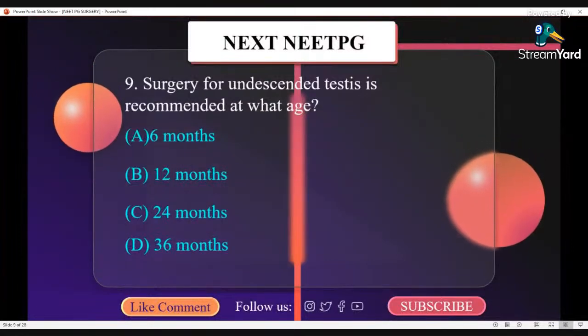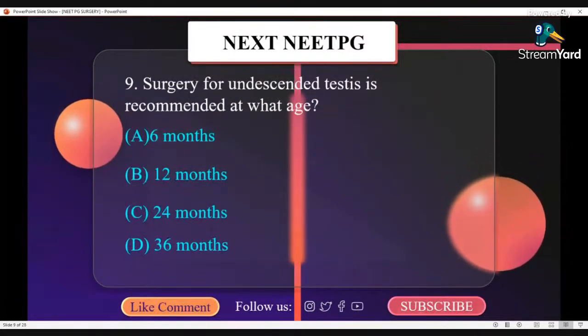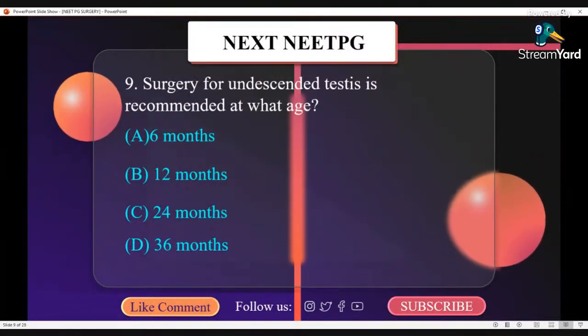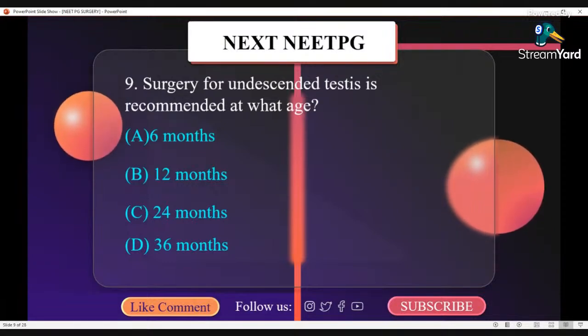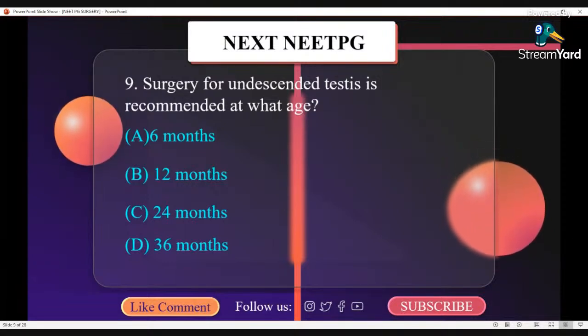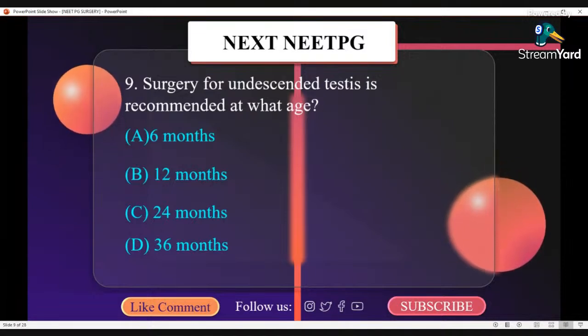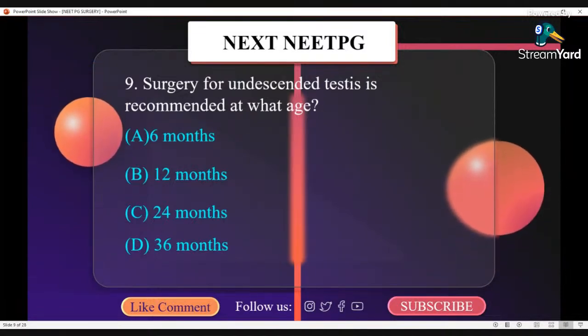Surgery for undescended testis. This undescended testis is a very important topic. It can be asked in embryology, anatomy, or in surgery also. So, at what age is the surgery recommended? At 6 months of age, the surgery is recommended.